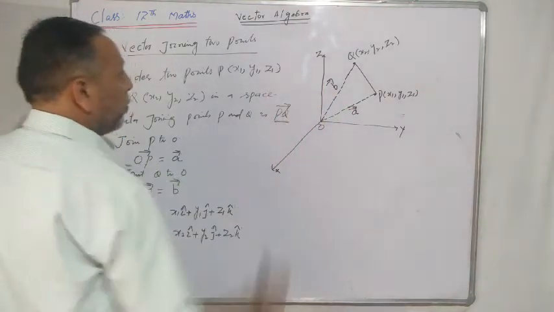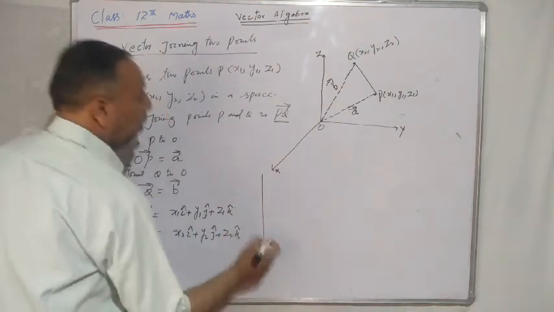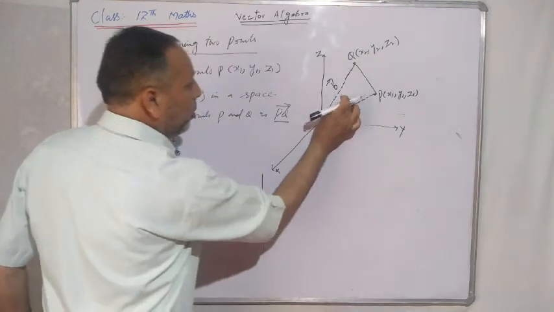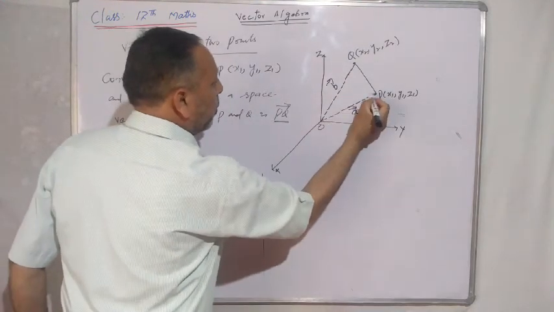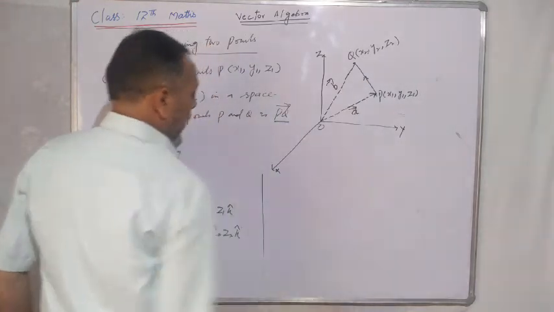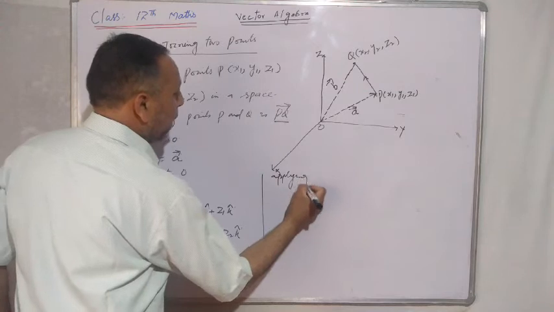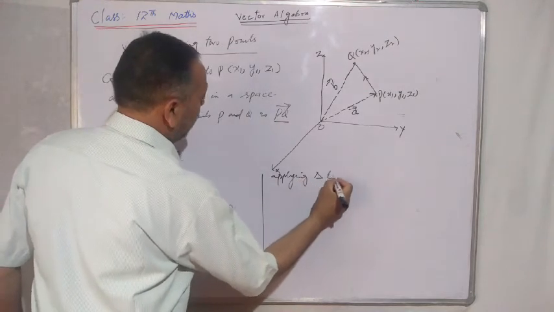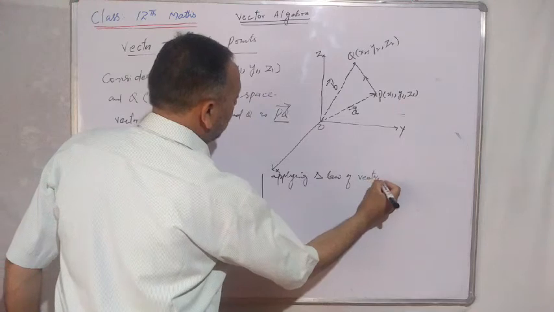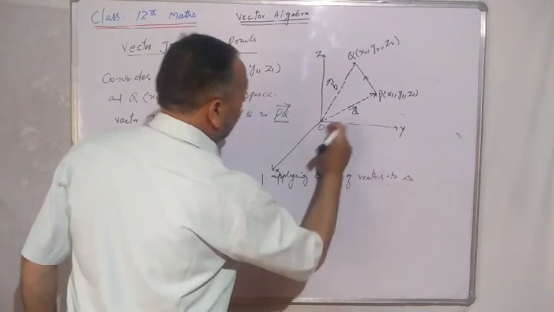Now vector PQ. To find the vector PQ, let me apply the triangle law to triangle OPQ. Now applying the triangle law of vectors to triangle OPQ.